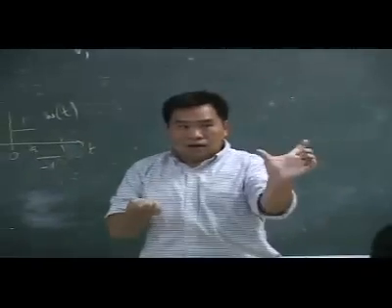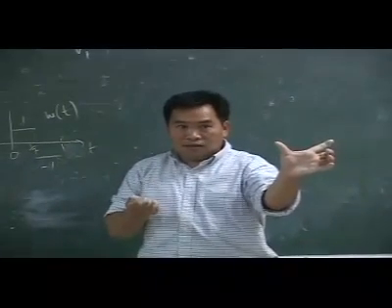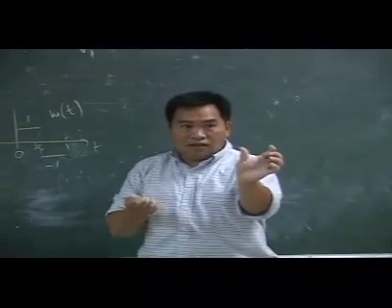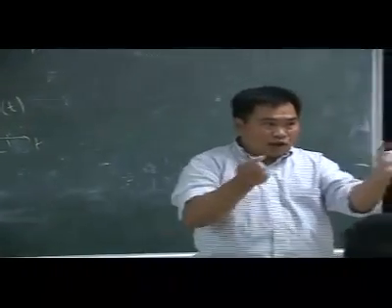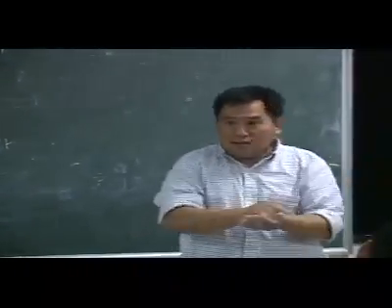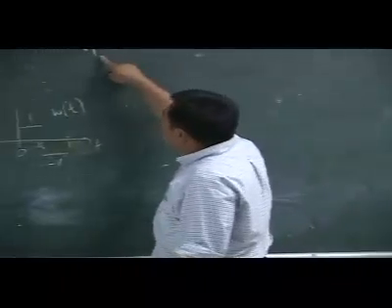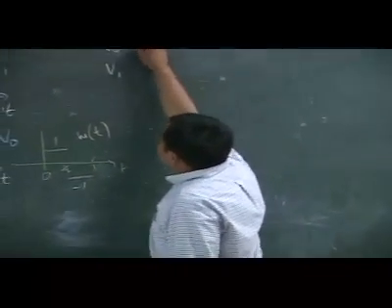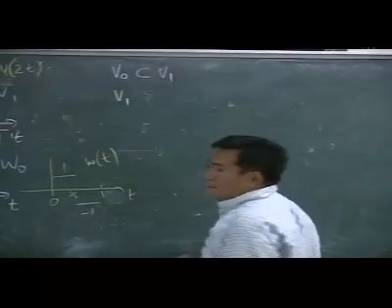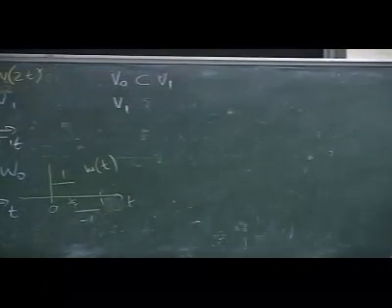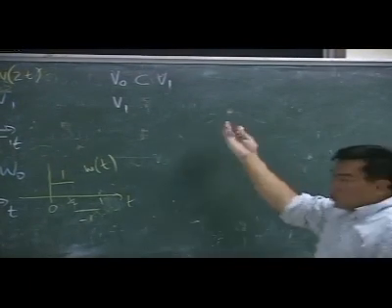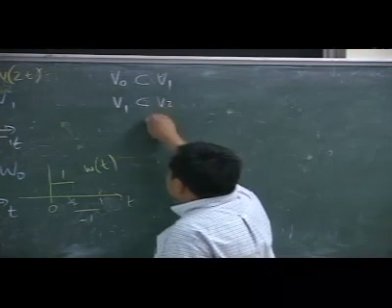V0 is the whole unit interval. So obviously with halves, you can build two halves that become one. So you can see that V0 can be built from V1, and so on. And V1 can be built from V2, and so on.